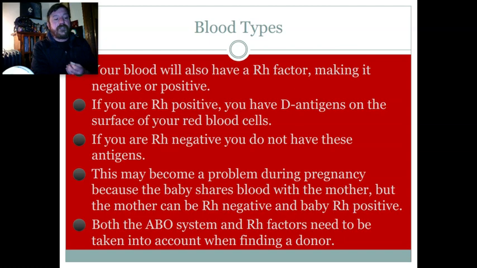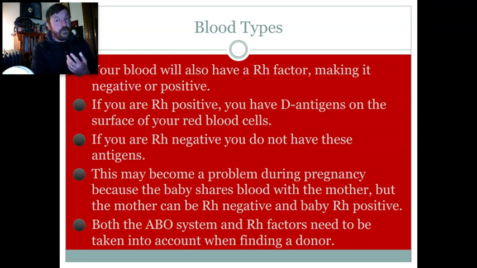This is the cause of some of the rejection issues that happen between mothers and their babies during childbirth. And so it's important for doctors to have done blood typing of both the father and the mother before the birth happens so they know whether or not there's a risk that there could be an RH rejection of the baby as it's being born.